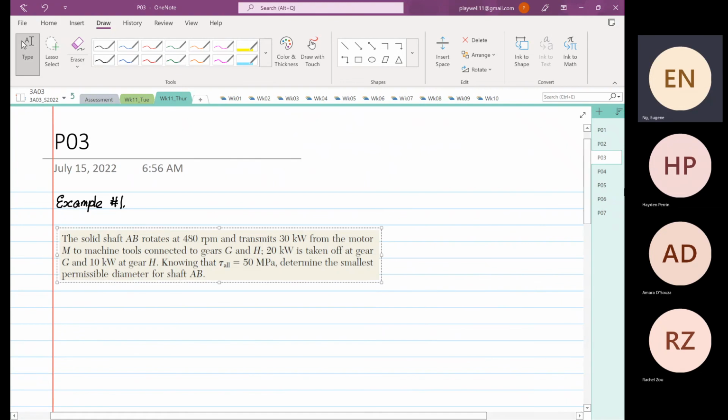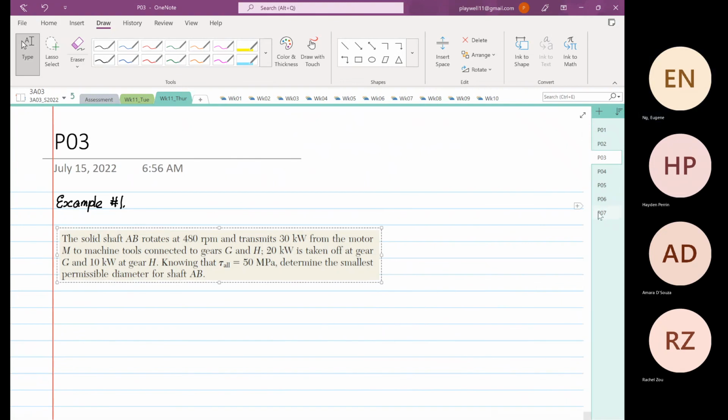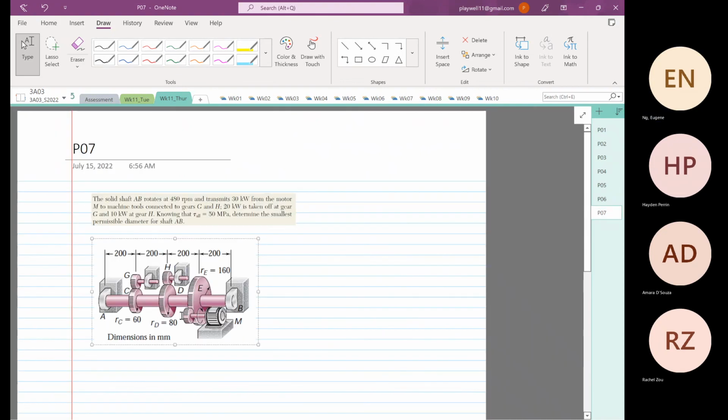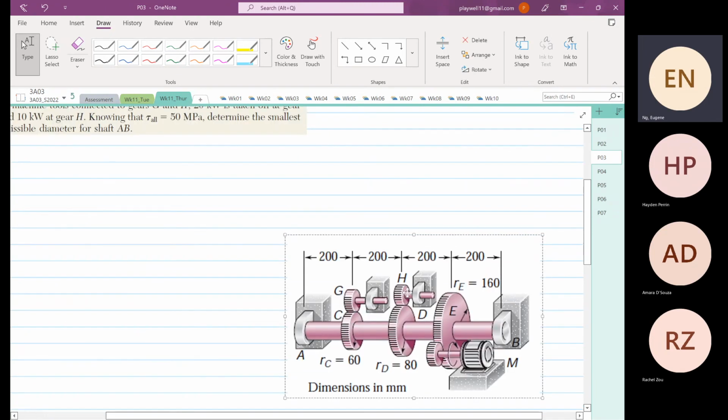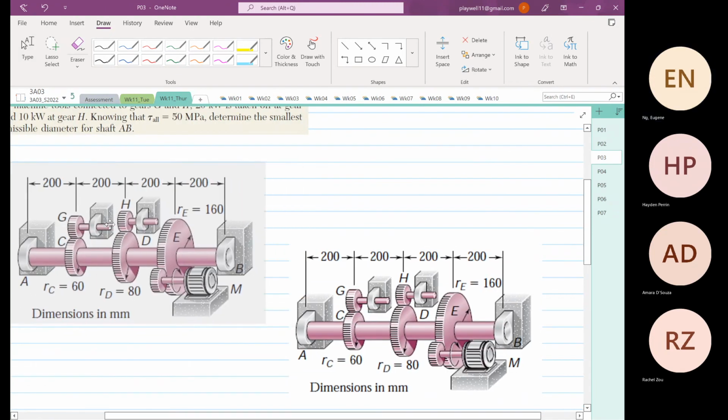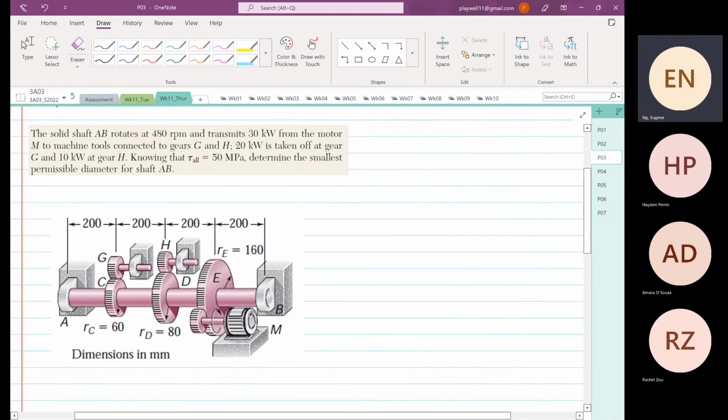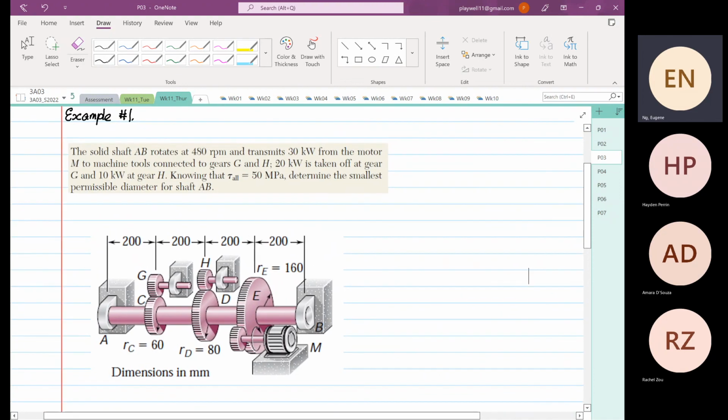Okay, so let's look at this example. And again, as I said, this is a 3 hours lecture to design transmission shaft. I don't think we can get it done today, but we'll try. I'll do as much as we can.